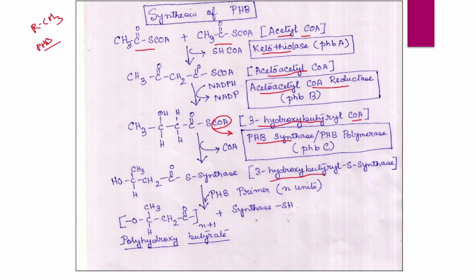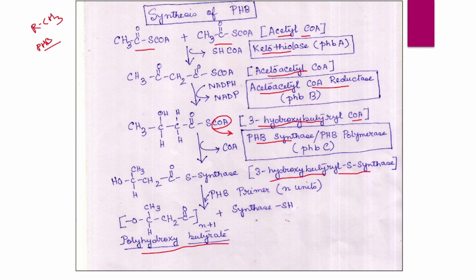In this way, PHB primers are added to form the final product polyhydroxybutyrate. So basically, the starting product of PHB is two molecules of acetyl CoA which condense, followed by a series of reduction reactions and release of one molecule of coenzyme A to form polyhydroxybutyrate or PHB.